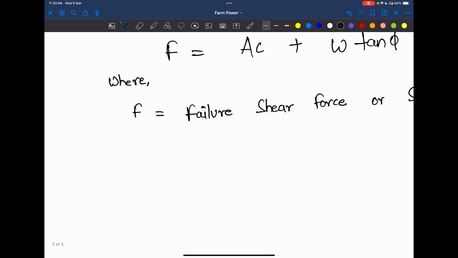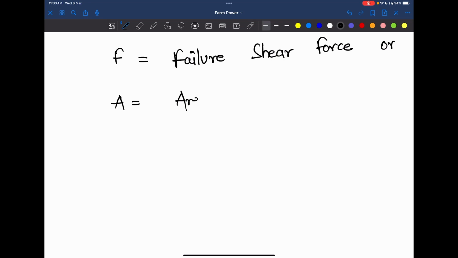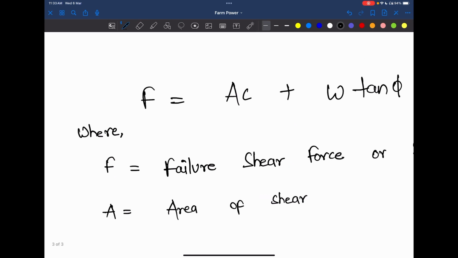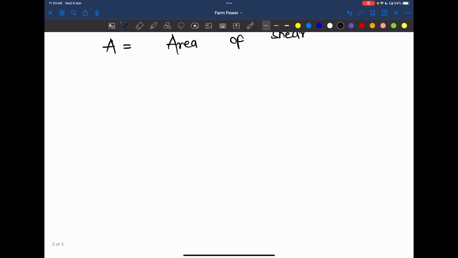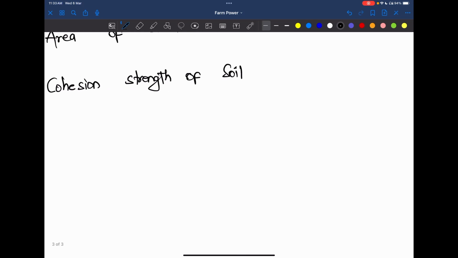After F, the next is A. A is nothing but the area of shear. Coming to the next is C. What is C? C is nothing but the cohesion strength of the soil, in kilopascal or megapascal, in any unit.